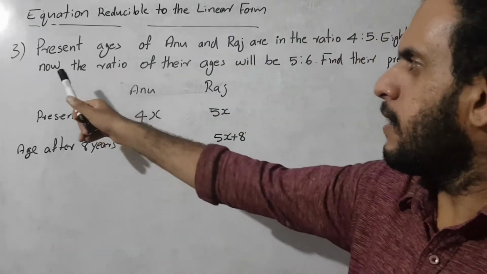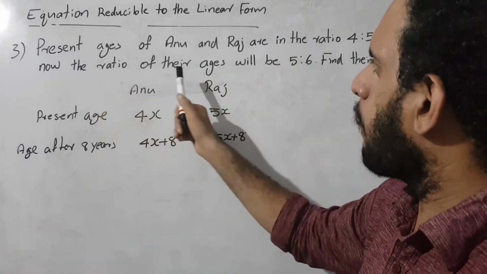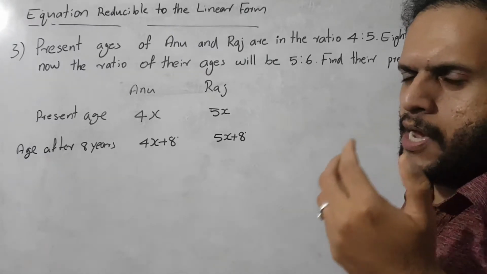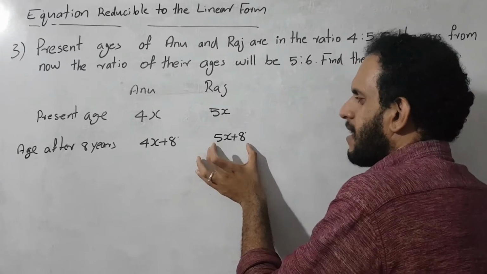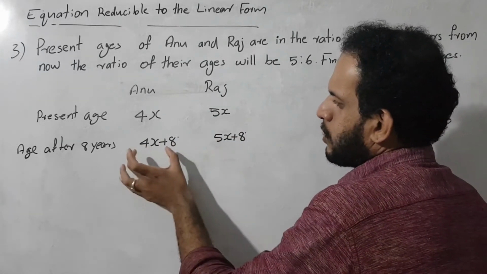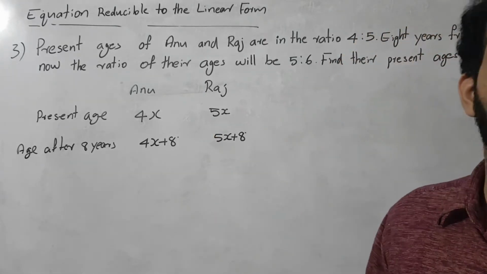What is the relation? 8 years from now the ratio of their ages will be 5:6. That means 8 years after, their ages are 4x plus 8 and 5x plus 8. Then what is given? The ratio of these two ages is equal to 5:6.